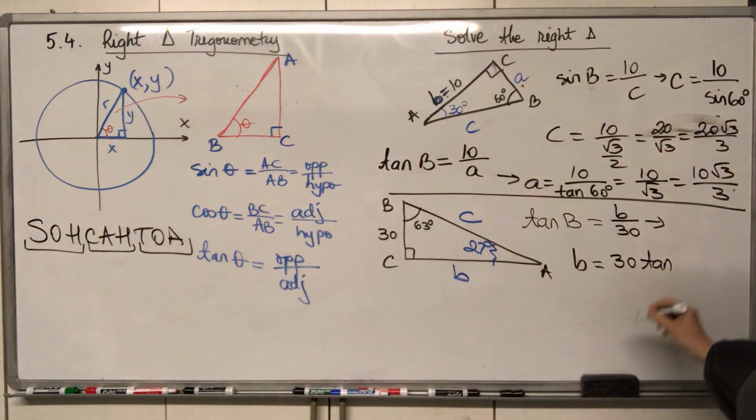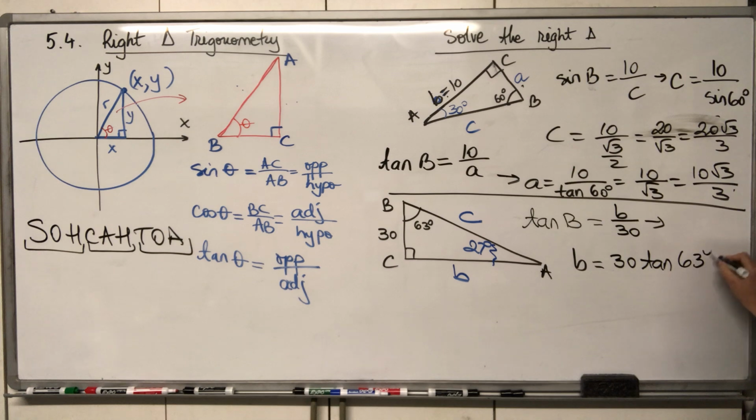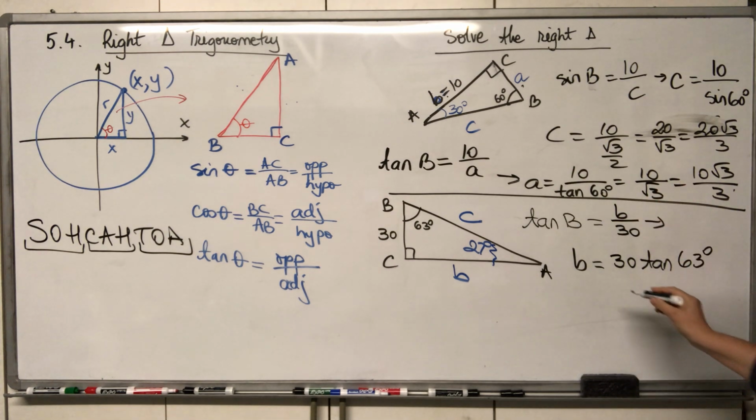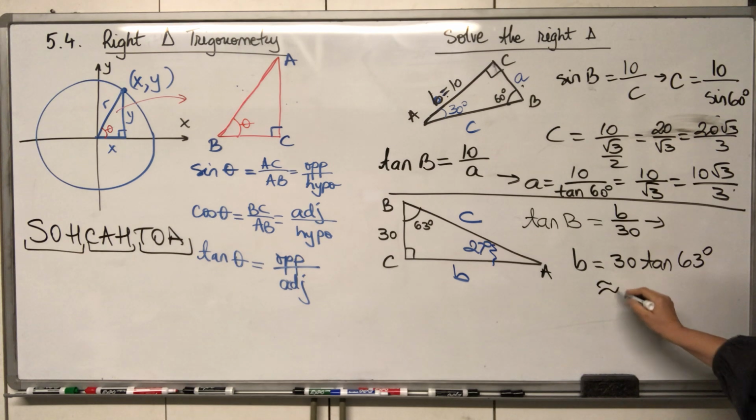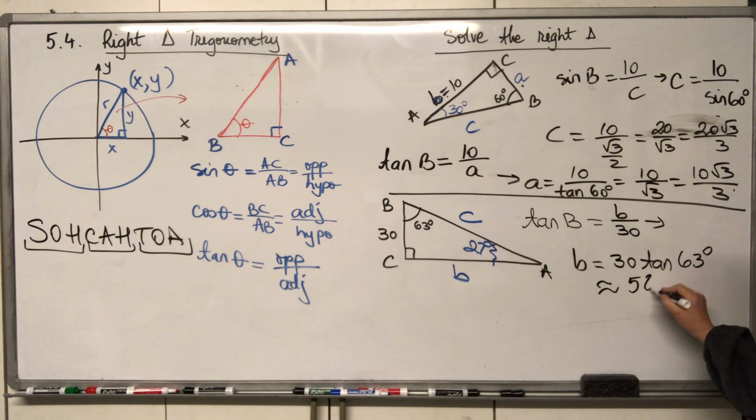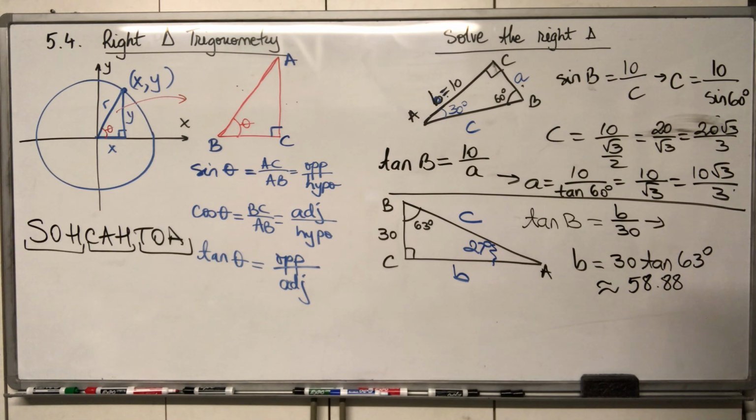I have no idea what tangent of 63 degrees exactly is. Well, close to that, but what is it? So put this in your calculator finally, and you're going to come up with about 58.88 apparently. So 2 decimal places is fine, okay?